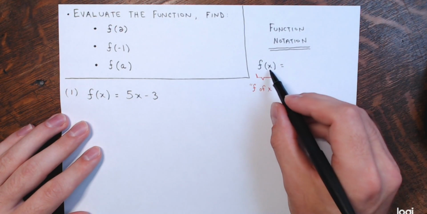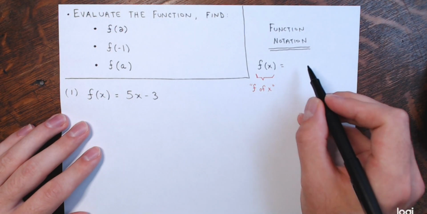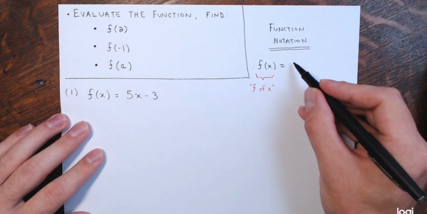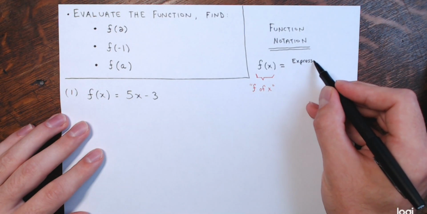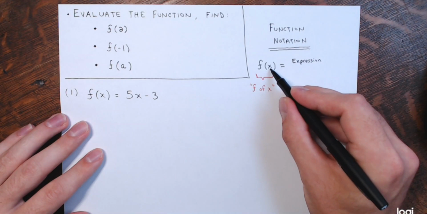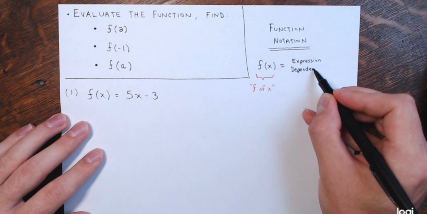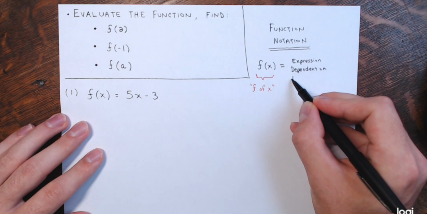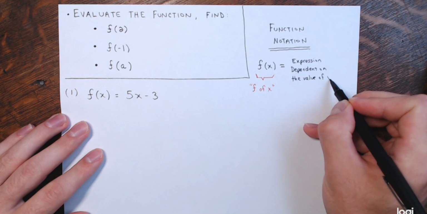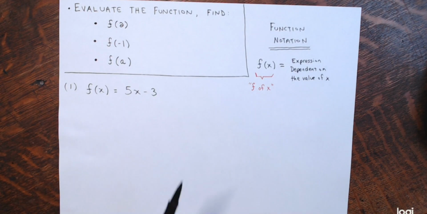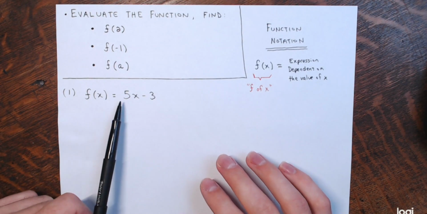When you see this, on the other side, what this is equal to is some expression that's dependent on the value of x. So an expression like 5x minus 3 in this first example. f of x equals 5x minus 3.